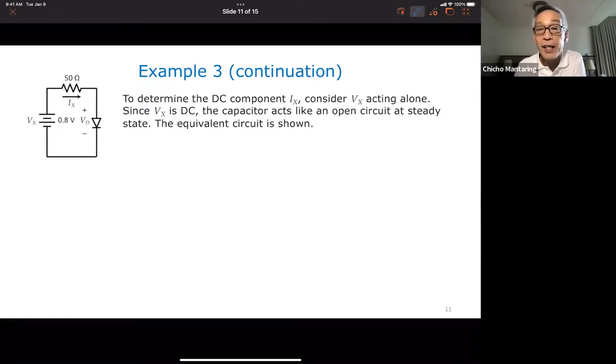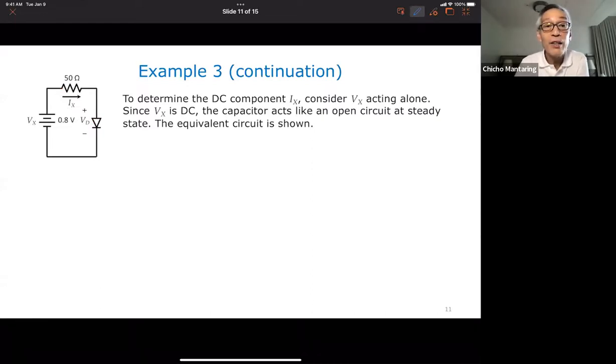If I just assume that this is silicon, I will assume that this is just 0.7 volts, right? And therefore, I sub X will be 0.8 minus 0.7 divided by 50 ohms.